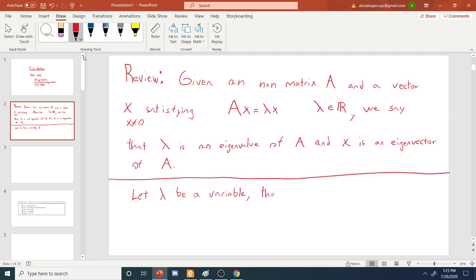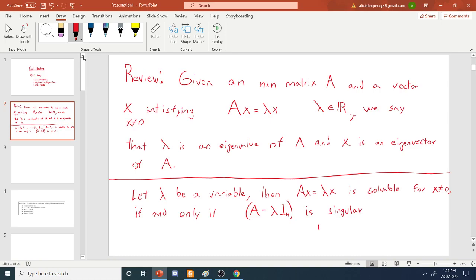Then Ax equals lambda times x is solvable for x not equal to 0 if and only if A minus lambda times the n by n identity matrix is singular.